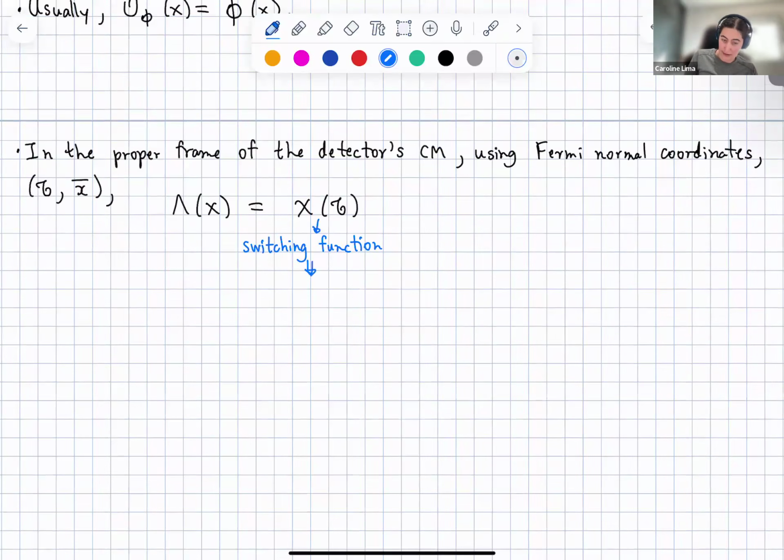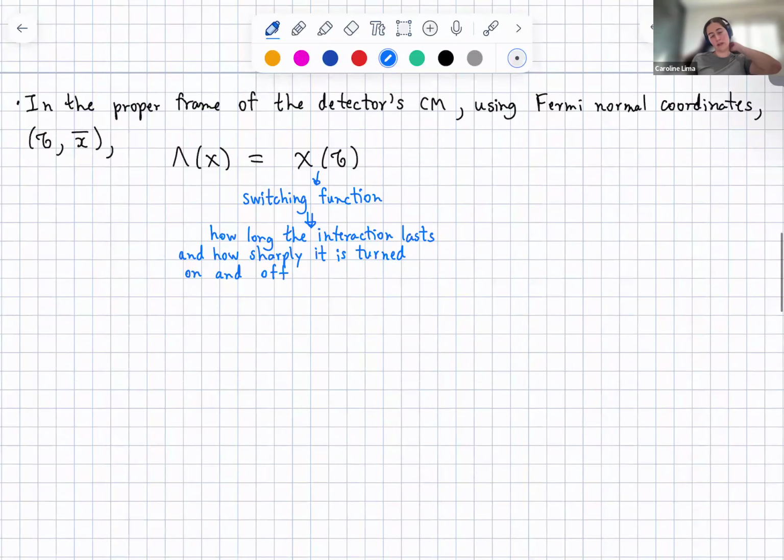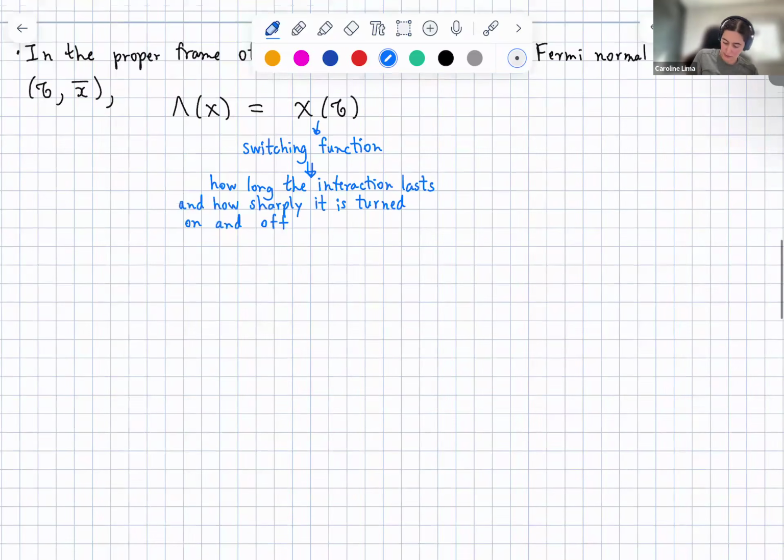So this is how long the interaction lasts, and how sharply it is turned on and off. Okay, so there are several prescriptions for the switching function.